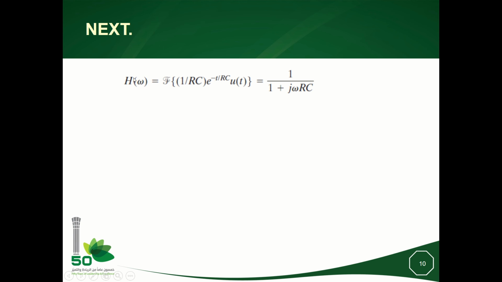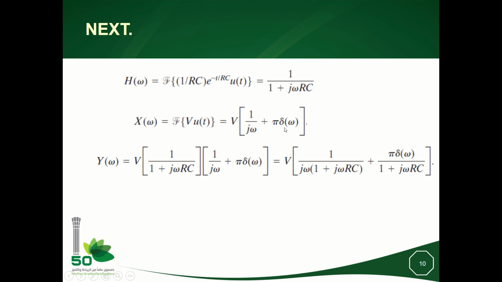H of omega is the Fourier transform of the impulse response of the system. X of omega is the Fourier transform of a step function of terminal value equal to V, and this gives V times (1 over j omega plus pi delta of omega).